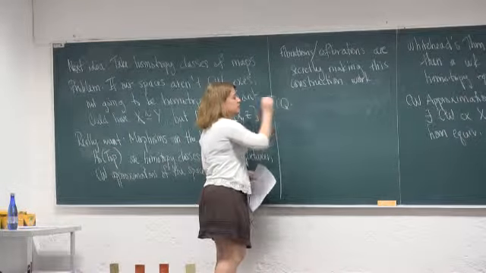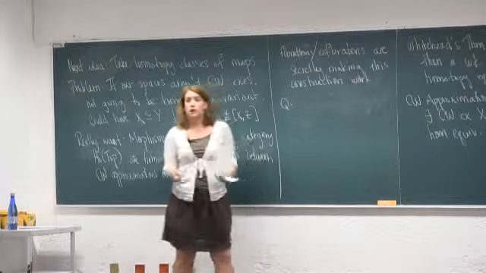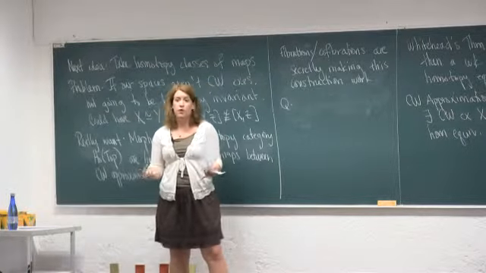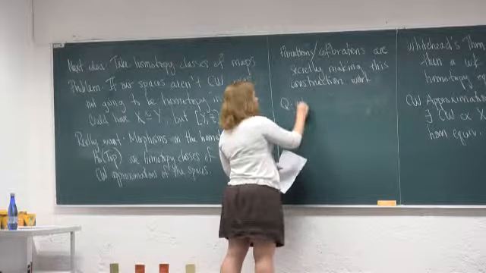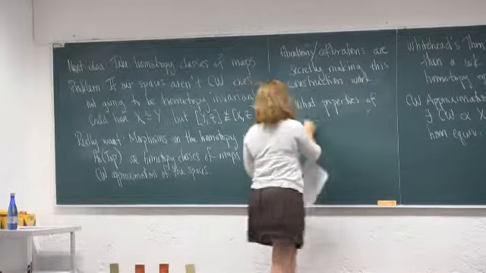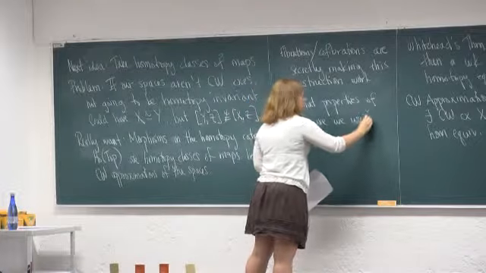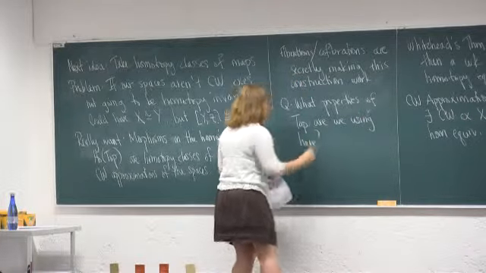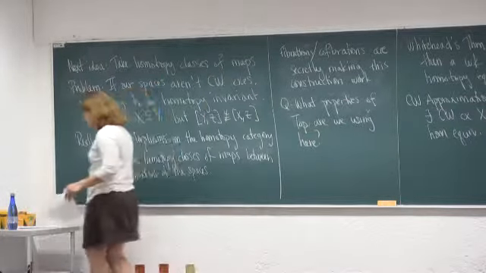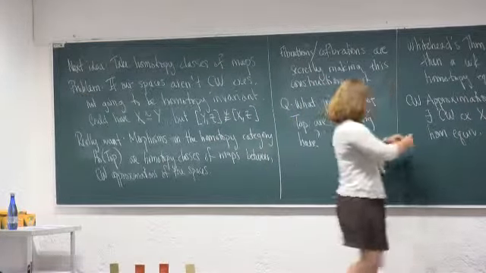Well, maybe I want to do something similar somewhere else, in some other category, not topological spaces, or maybe in topological spaces with something other than weak homotopy equivalences. Could I formally invert those and make it work? So what properties of the category of topological spaces are we using here? And this is what's going to lead us to the definition of a model category.